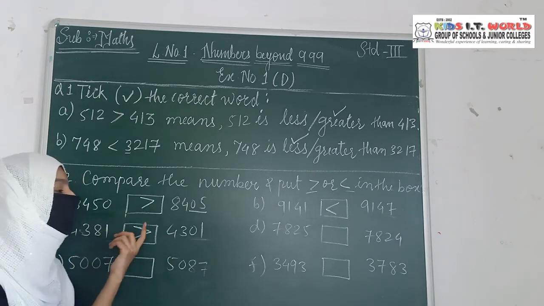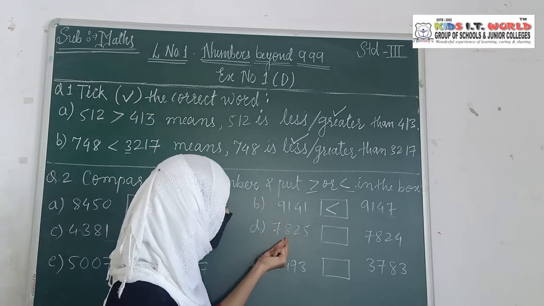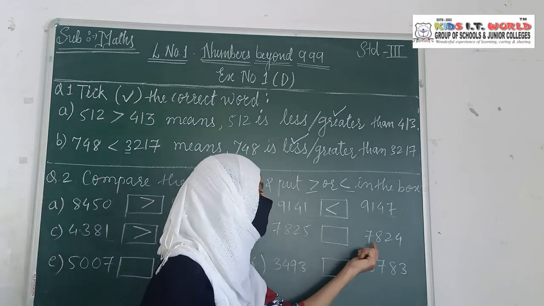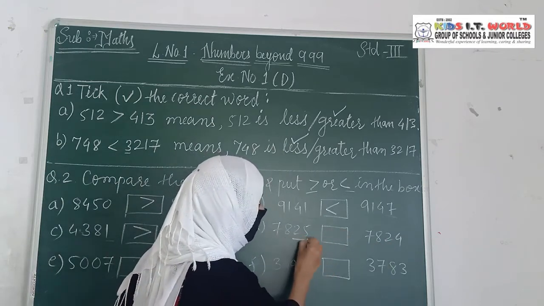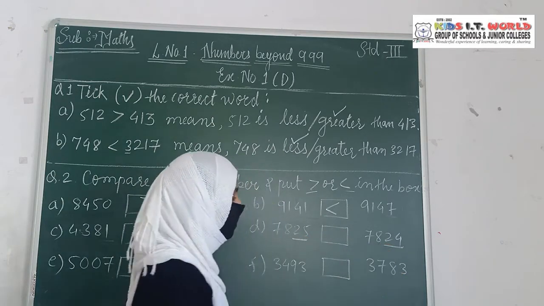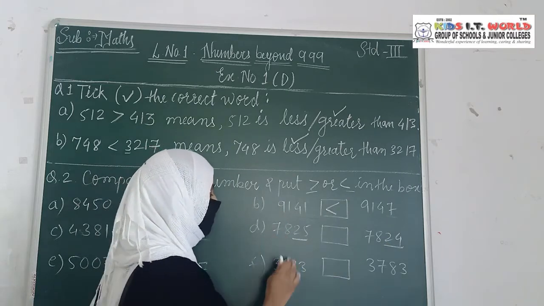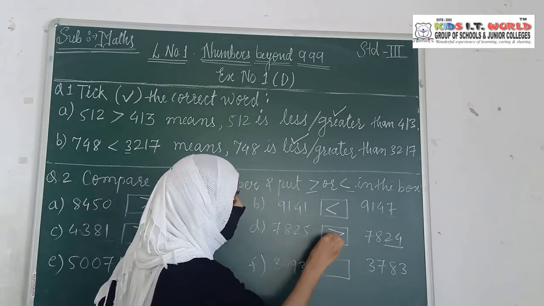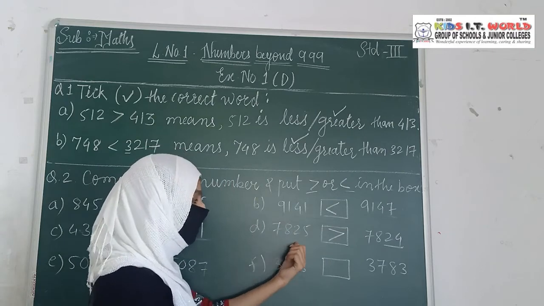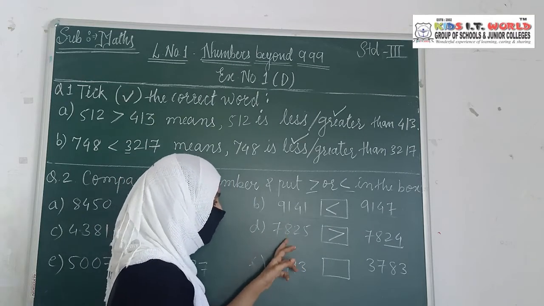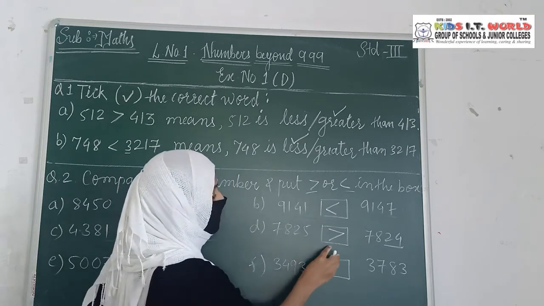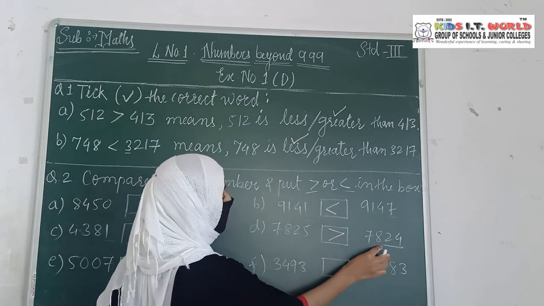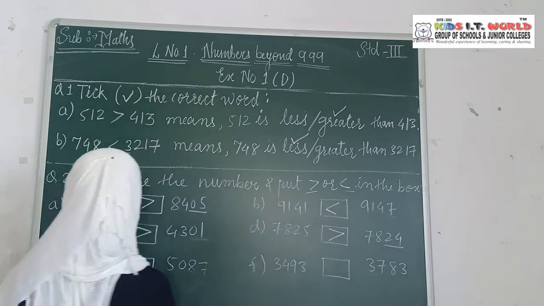4301. In the same way, this is 7825, 7824. 24, 25, 24. Which number is greatest? 25. So the face of the symbol will be like this. And how we will read this? 7825 is greater than 7824.